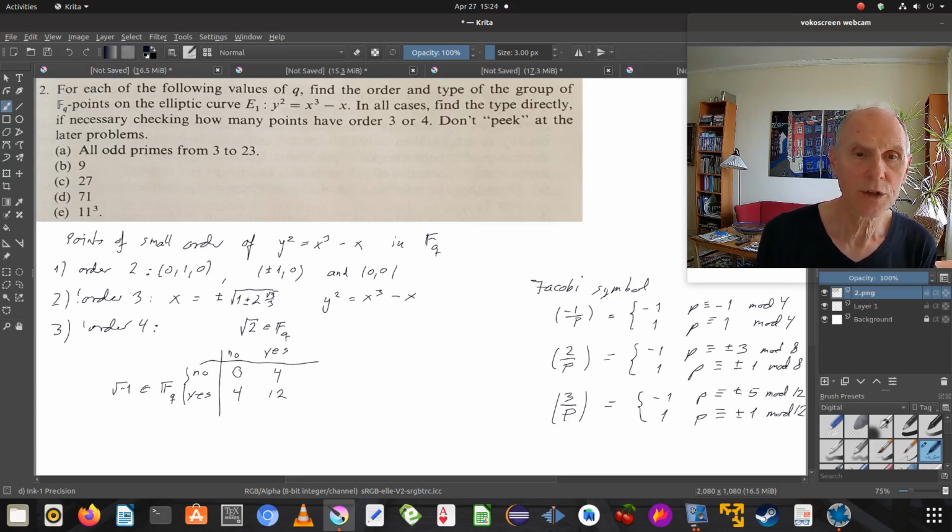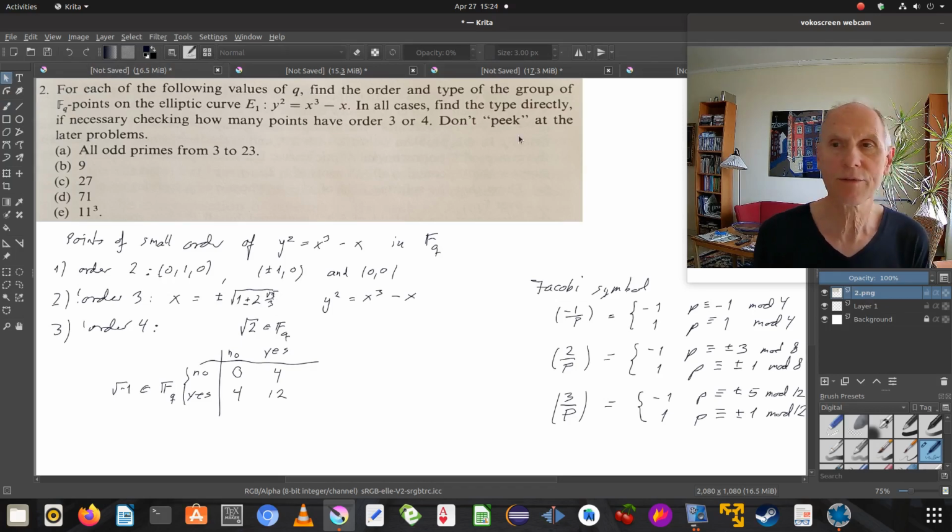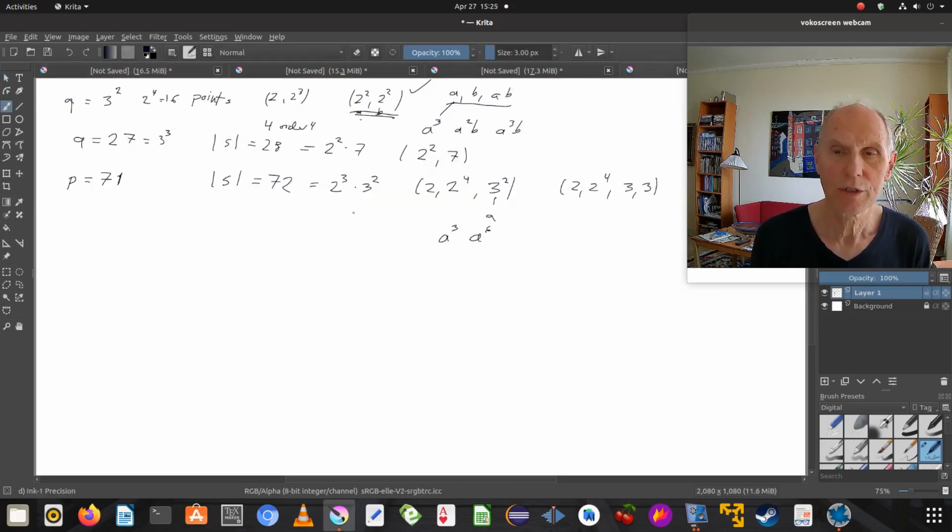So we need to know, do we have any elements of order 3? So first, does square root 3 lie in this field? That's a prerequisite. It definitely should. Therefore, I ask 3 over 71.